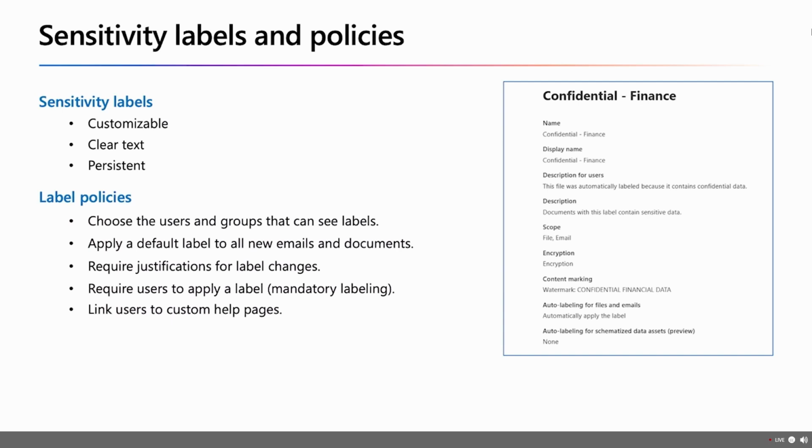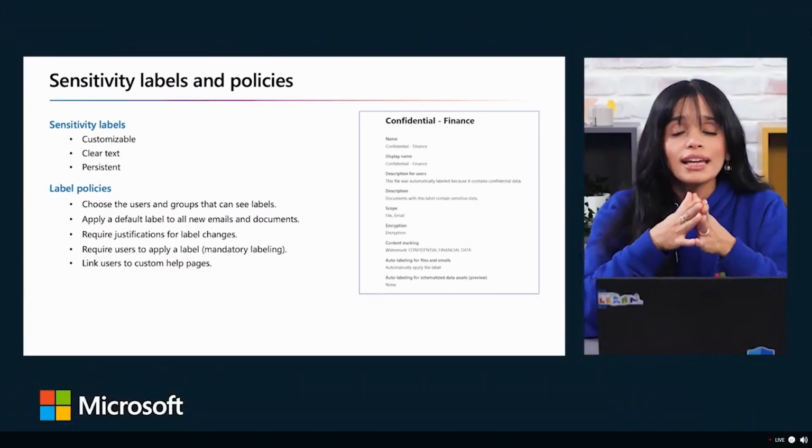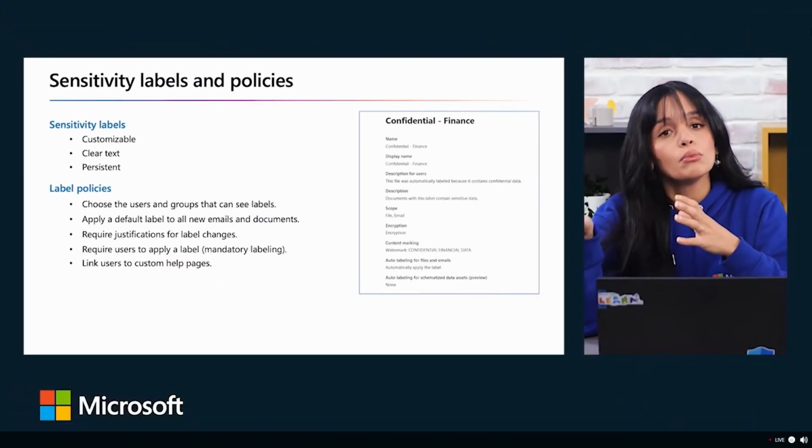You can create a label policy that will only allow members of the team to view that document. And if they wanted to remove that label, you may need a justification to be sent to your admin before the change happens. You can also decide to publish the label to specific users, distribution groups, Microsoft 365 groups, in Azure Active Directory, and more.